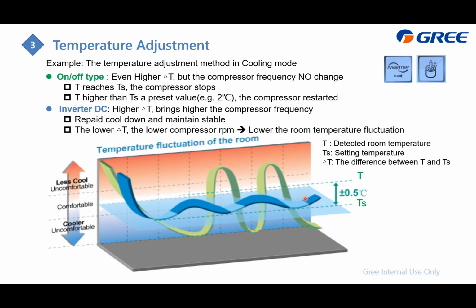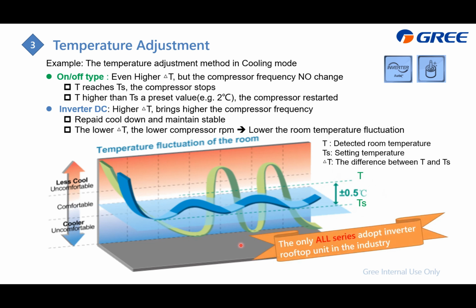You can find that the blue one is the inverter and the orange one is the on-off. We achieve a much smaller delta T. Also, this rooftop is the only all-series inverter rooftop in the industry.